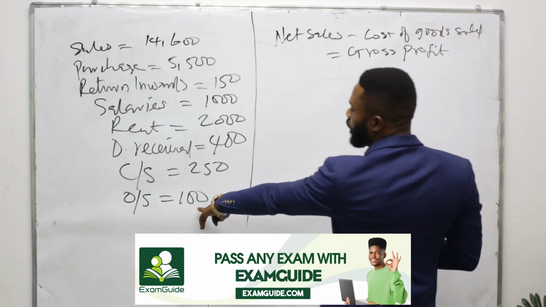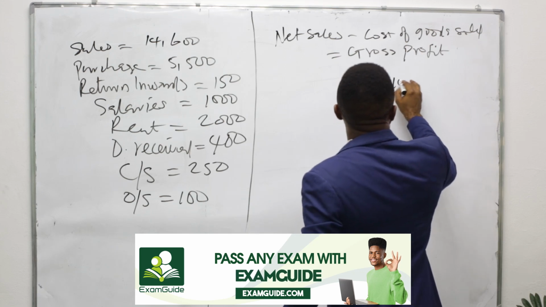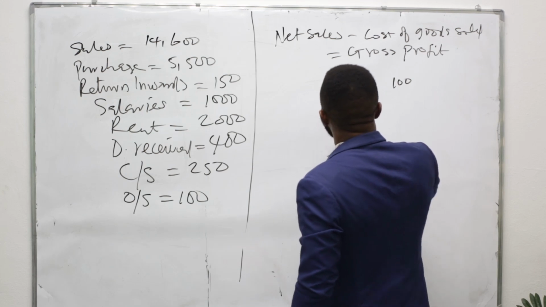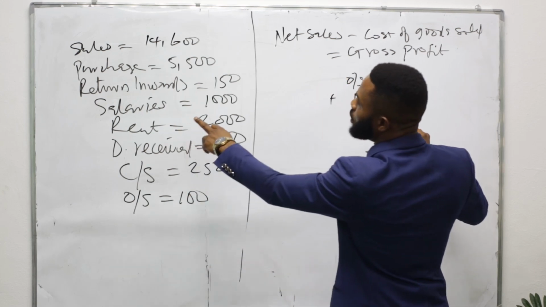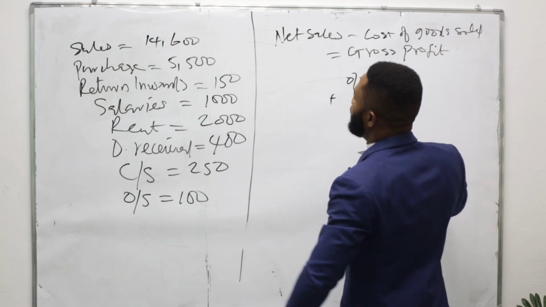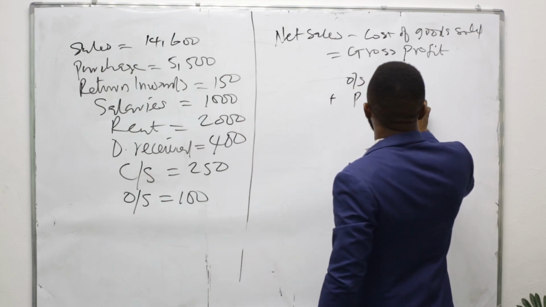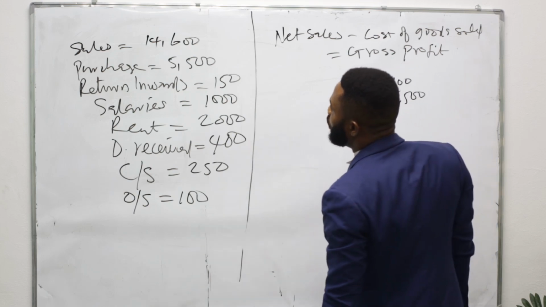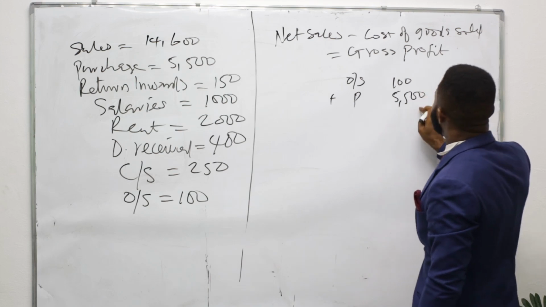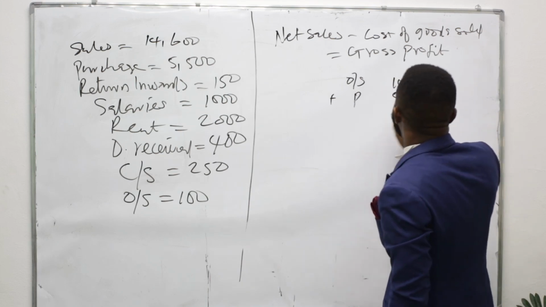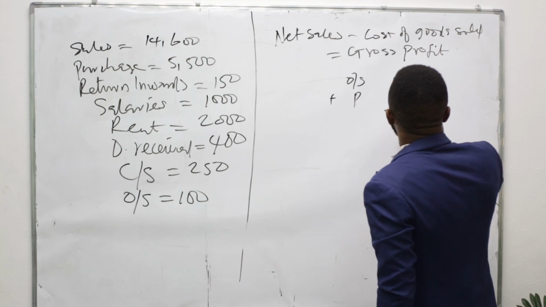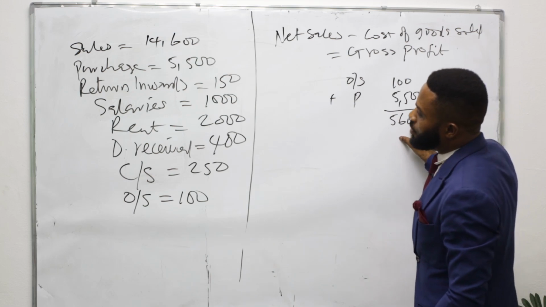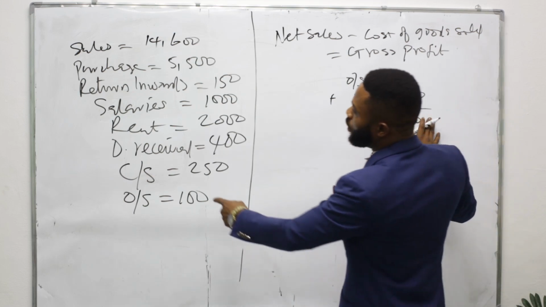Now, opening stock is 100. Then plus purchase, which is 5,500. There is no carriage here. So your opening stock is 100 plus 5,500. This will give you 5,600. Now, having arrived at this, subtract your closing stock from it.